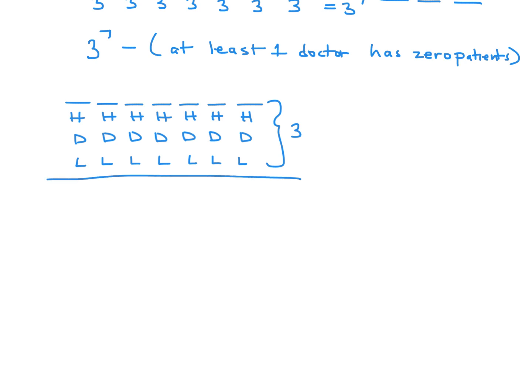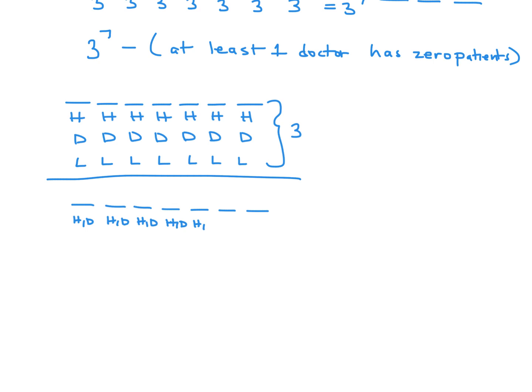The other way is if you take the 7 patients and you assign to them just 2 of the doctors. So for example, you give them just Huey or Dewey, and Louie doesn't get any patients. You guys get the point.